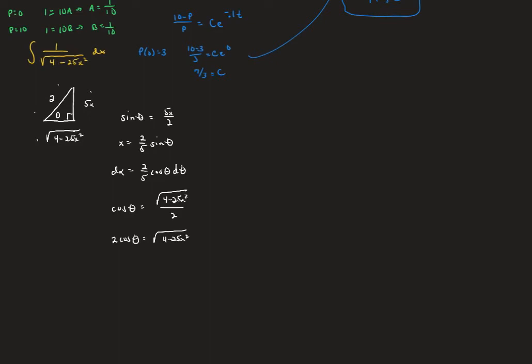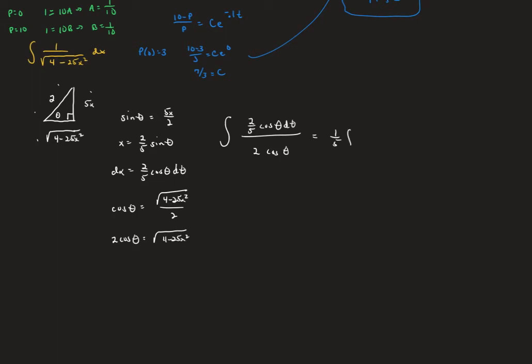And so our integral is going to become the dx is 2/5 cosine of theta d theta, and our radical is going to be 2 cosine of theta. Looks like the cosines are going to cancel, and the 2's are going to cancel.